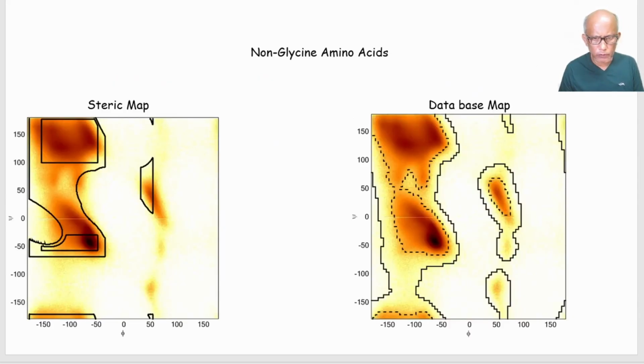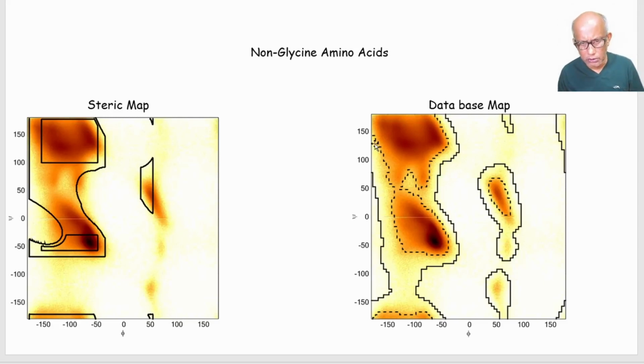So what many people often do is that they calculate Ramachandran maps in a slightly different way. They don't bother with all the steric arguments we made, clash, this, that, nothing. They simply take the amino acids from the databases, plot them, and then contour them depending upon the density of amino acids.